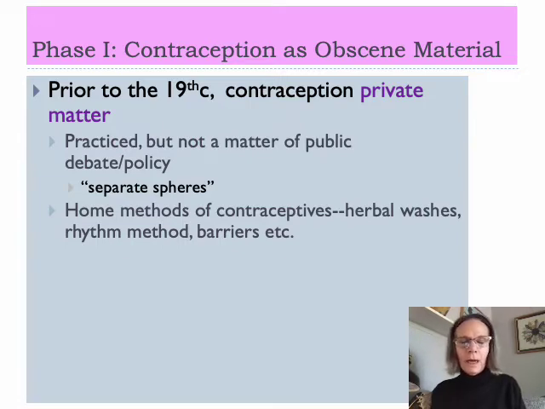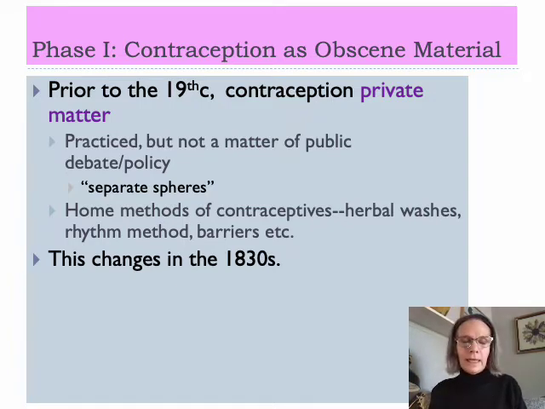There's a long history of home methods of contraception, whether that's herbal washes of the vaginal area after sex that would be seen as having a spermicidal impact, barriers like cotton wrapped in honey that would serve as a barrier to the cervix, the rhythm method, monitoring when people felt that they were fertile, or coitus interruptus, right? All of those were methods that were practiced, but clearly outside of the realm of public control.